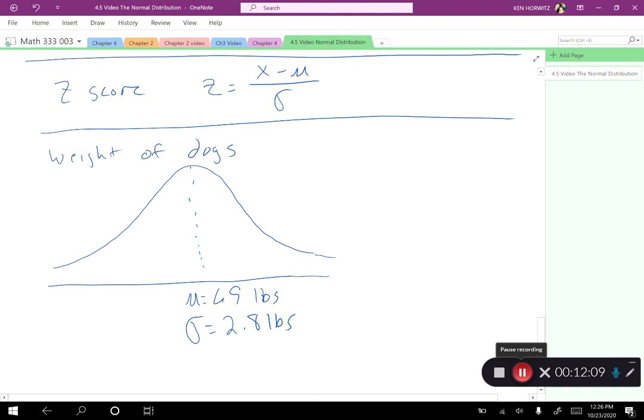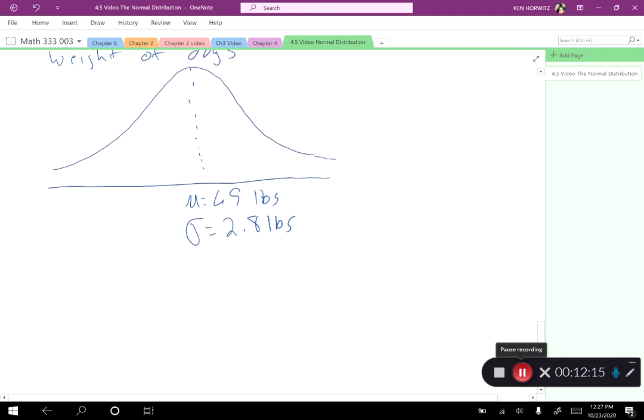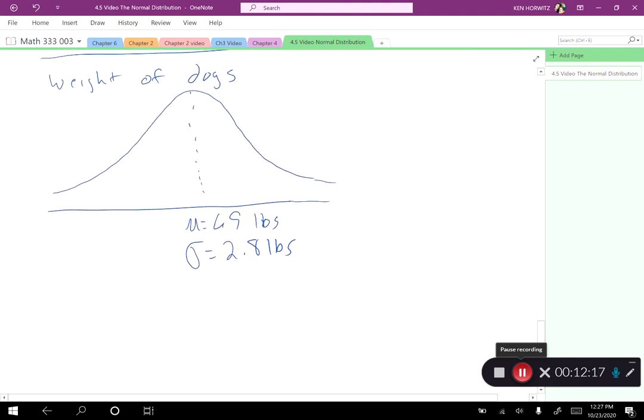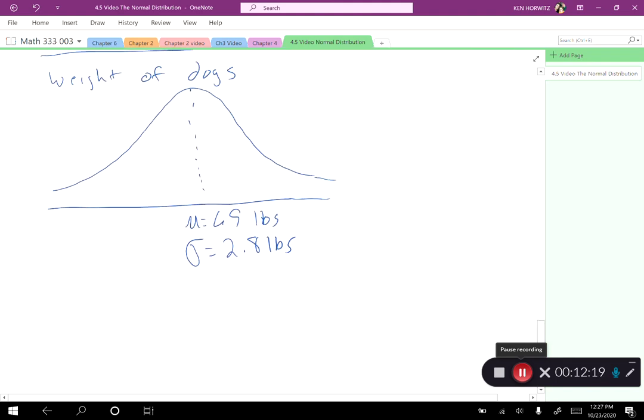All right, so let's say I want to convert this to a standard normal distribution. All right, so if I wanted to convert this to a standard normal distribution, I want to find a z-score. And let me give you a data value. Your data value will be 71.8 pounds.